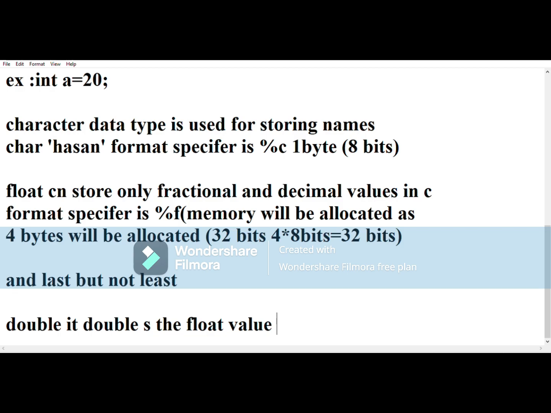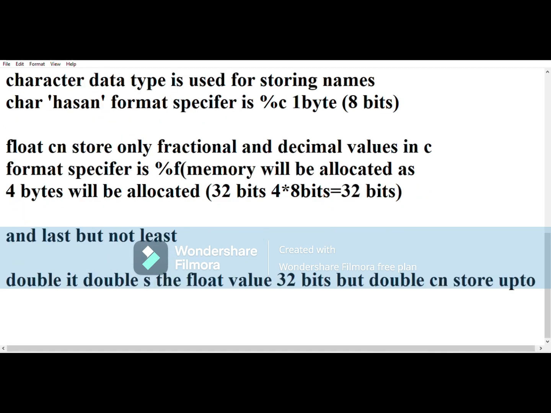Float can store up to 32 bits, but double can store up to 64 bits. That's the difference between float and double.